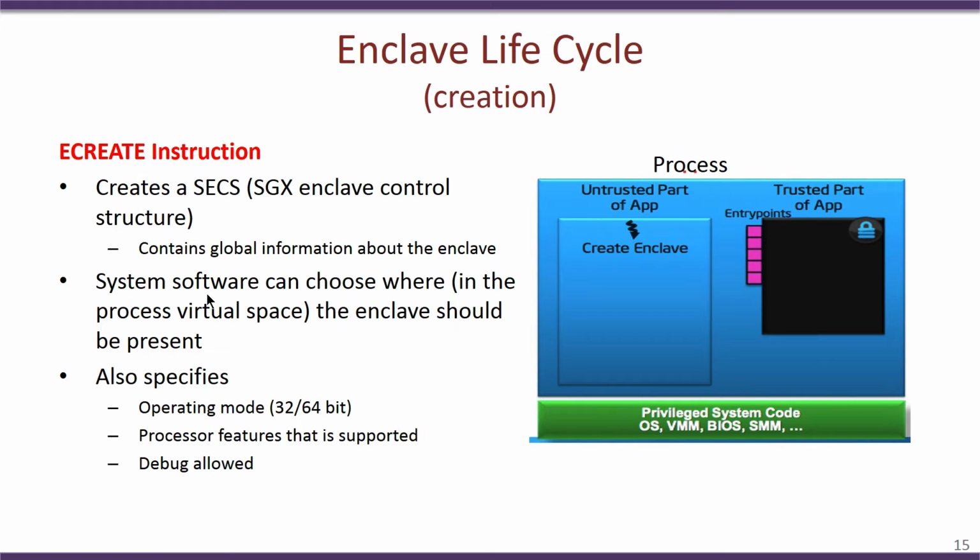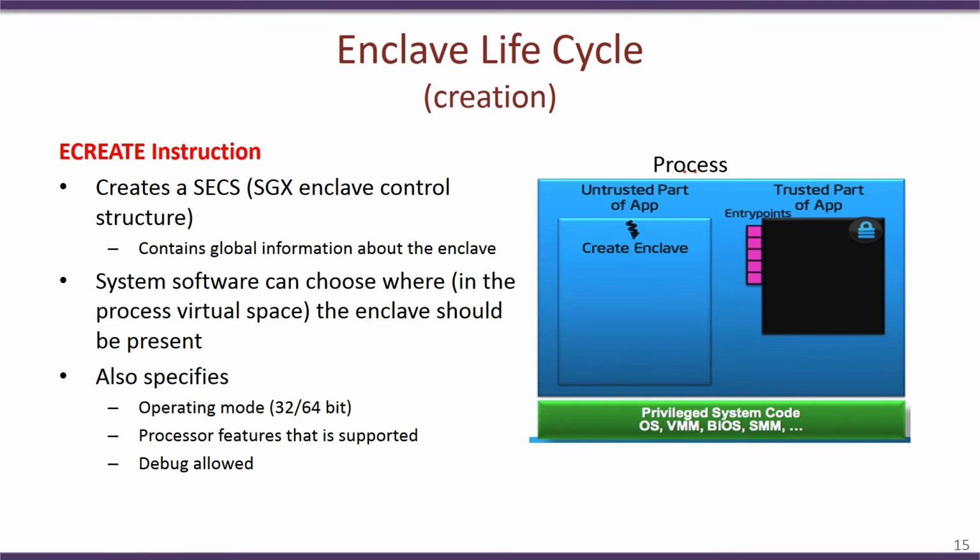Due to the hardware protection mechanisms, choosing the page or the address where the enclave is present is about all the operating system can do. It will not be able to read or write the contents within that page, but rather just manage that page. Also, while creating the enclave, the operating system would need to specify other aspects such as the operating mode, whether it is 32-bit or 64-bit.